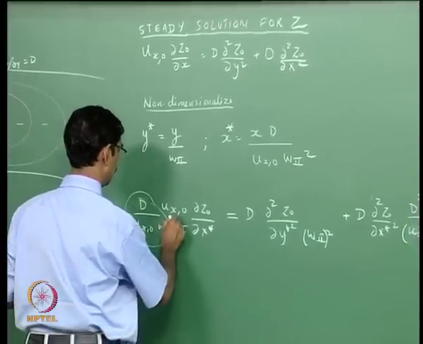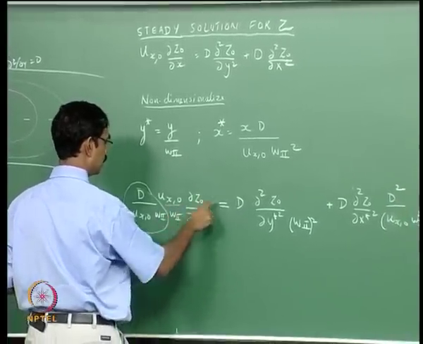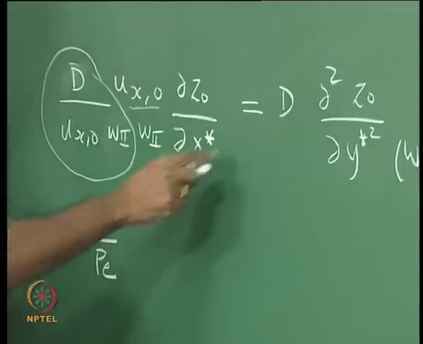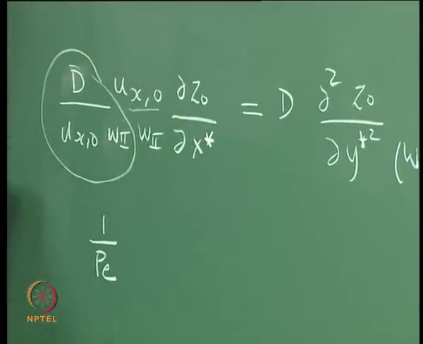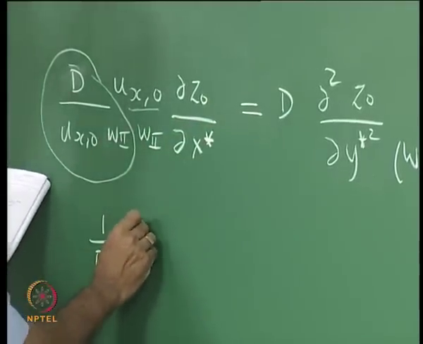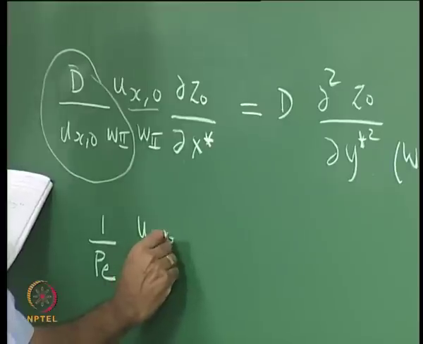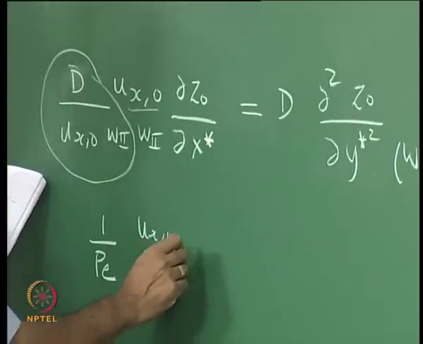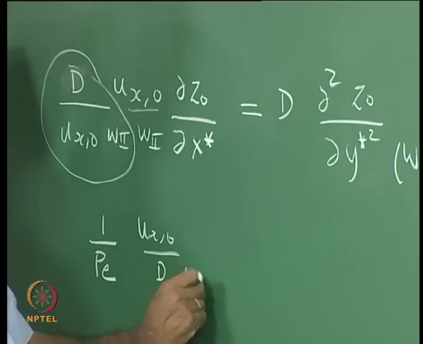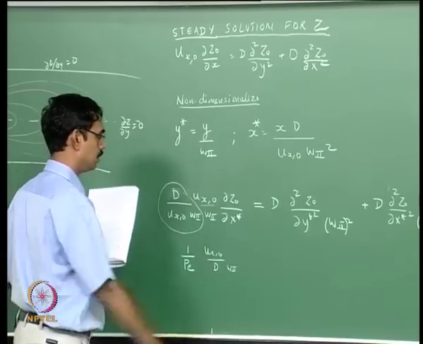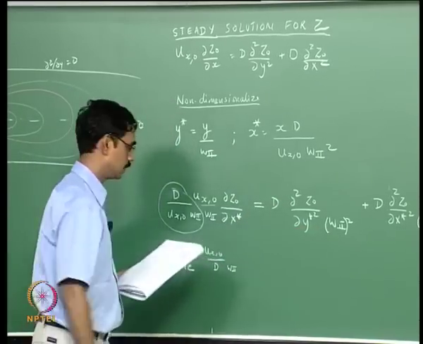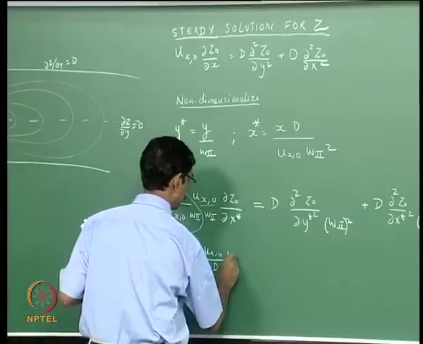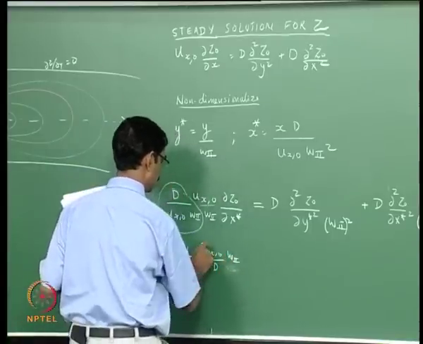Peclet number. So we are left with a U and a W2. So I divide throughout by D, u_x,0 over D. There is a W2 here. I multiply throughout by W2 squared, so this will come to the top.